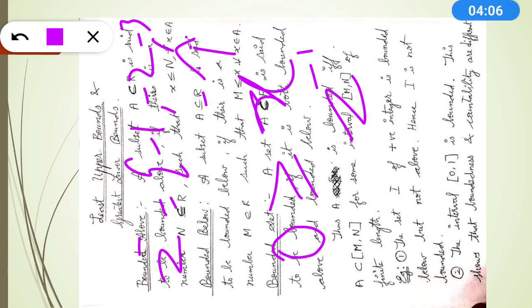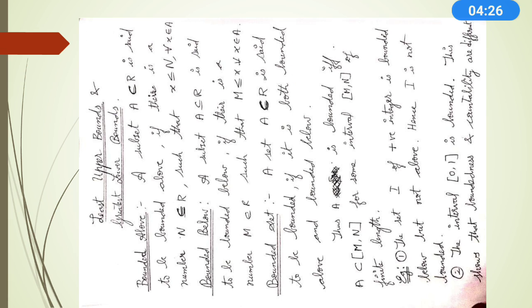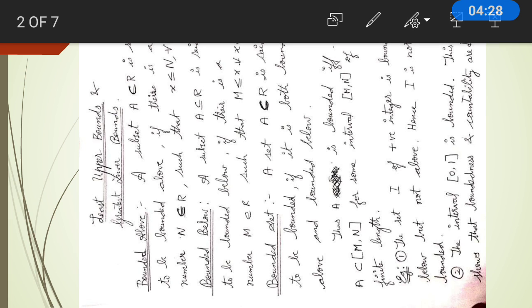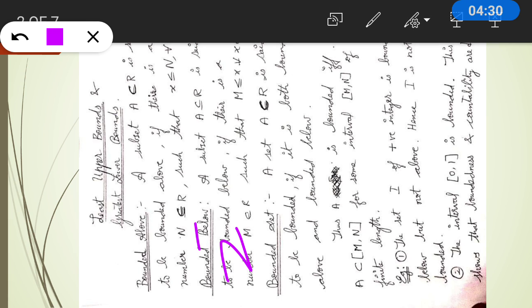Okay, I can have 1, 2, 3, etc., which are greater than the given set. I can have an infinite number of elements which are greater than the given set. Okay, therefore my set Z minus will be what? Bounded above. The set Z minus will be bounded above.